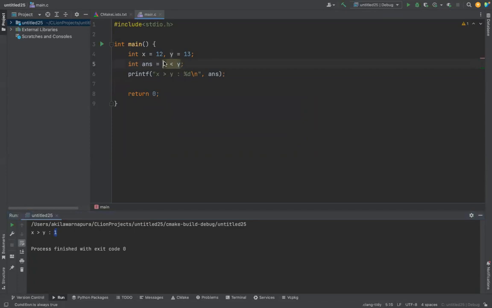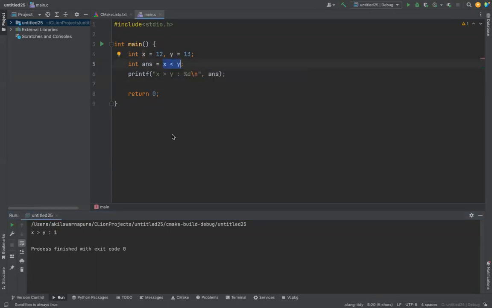this expression evaluates to a non-zero value. 0 means false. All other non-zero values are considered true. Usually it provides 1 as the default non-zero value. That means true. This condition gives you true or false.